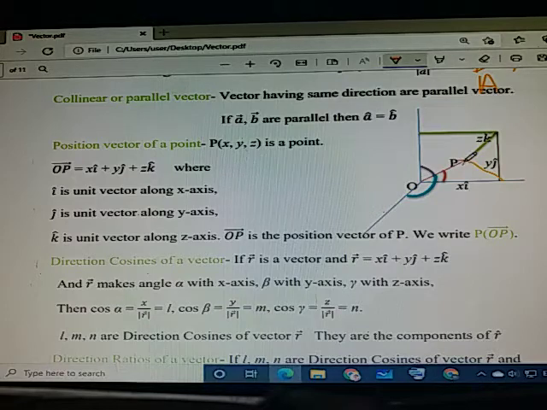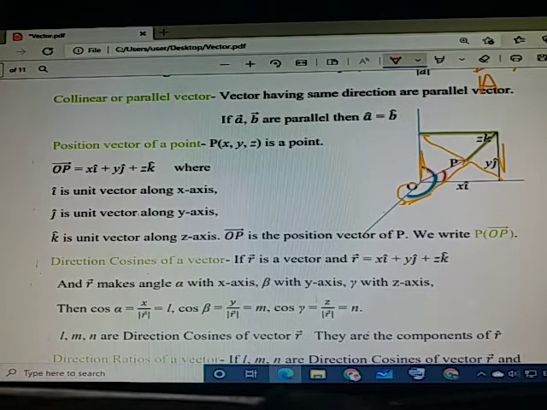Similarly, OP cos beta is y, and OP cos gamma is z. So these are the direction cosines: cos alpha, cos beta, cos gamma.